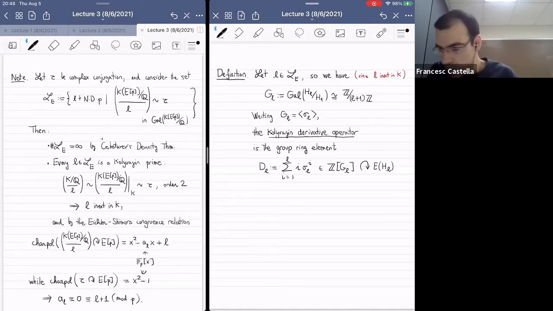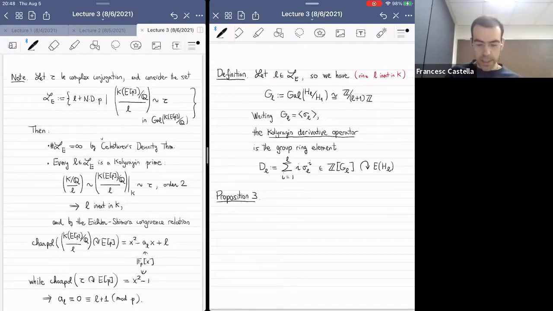Okay, and the first proposition to keep track of, let me call it proposition 3. Last time we had 1 and 2, I think.